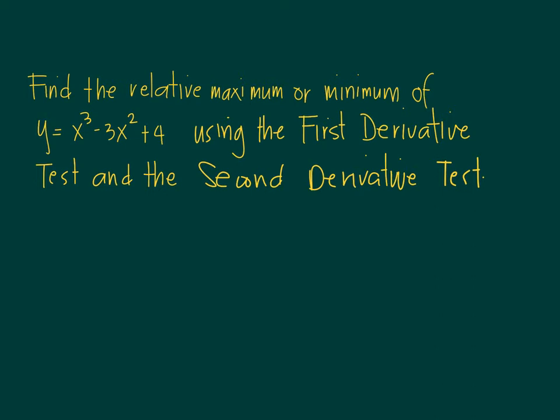These two tests actually do the same thing, just find the relative maximum or minimum. They will definitely give you the same values, but one of them can make the process easier. Sometimes the first derivative will make it easier, sometimes the second. Okay, so context first, ideas.